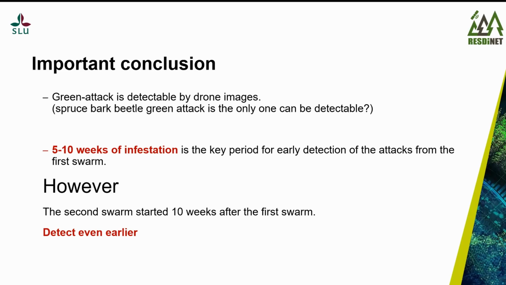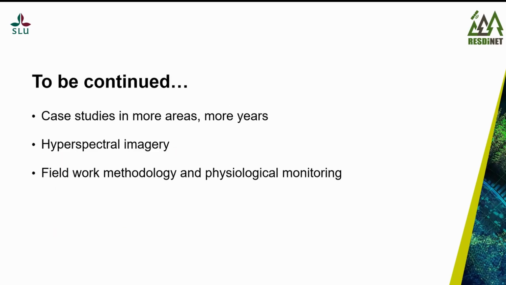So we cannot achieve population control or spreading control if we can only detect it at 10 weeks. That means we need to detect the infestations even earlier. And we need to think about whether we have enough time to fly the drones and get the data, process the data, detect individual trees, and have the harvesters go there and remove the attacked trees.